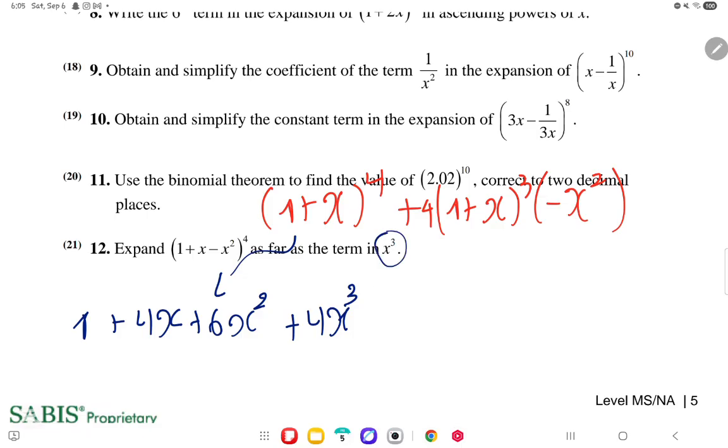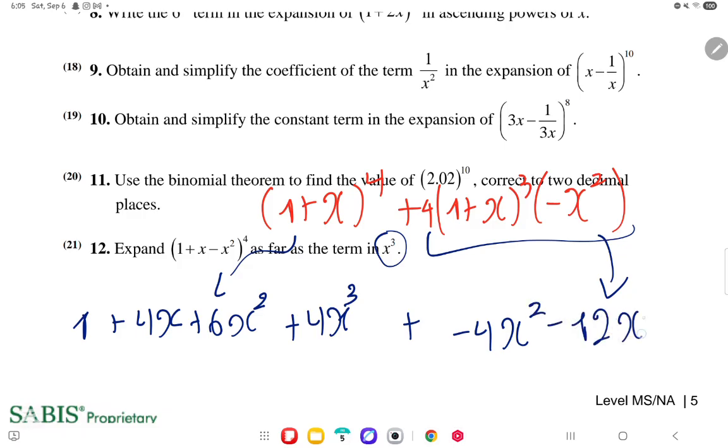Now, plus, how much was all of this? All of this was minus 4x squared minus 12x to the power of 3. Do we take minus 12x to the power of 4 minus 4x to the power of 5? No. Why? Because they want maximum x to the power of 3.